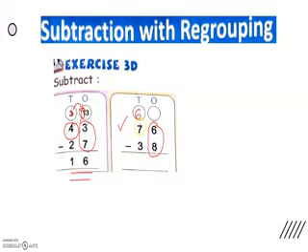And if we give that 1 to the ones place, in the tens place it will come 1, and 6 is placed in the ones place. So 16 minus 8 is 8. And here we have 6 minus 3. 6 minus 3 is 3. So our answer is 38.